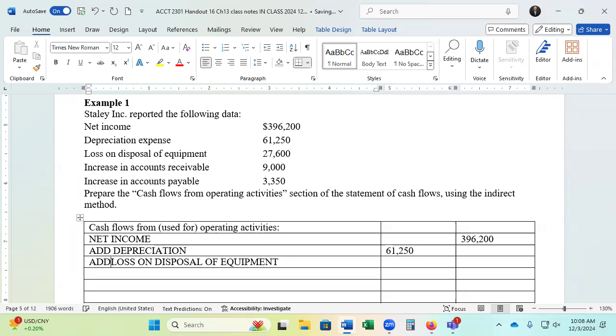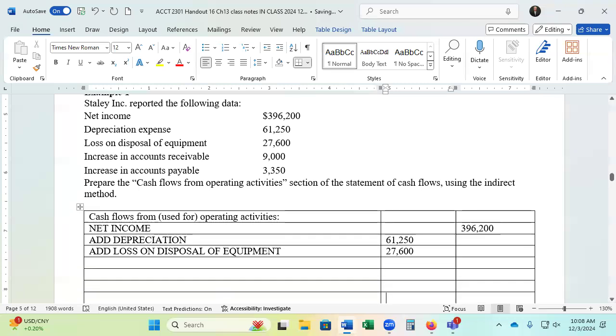We add back that loss, which is 27,600. And then you have the change in operating accounts.